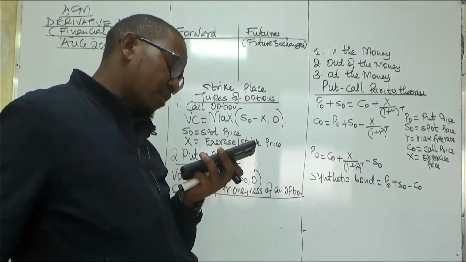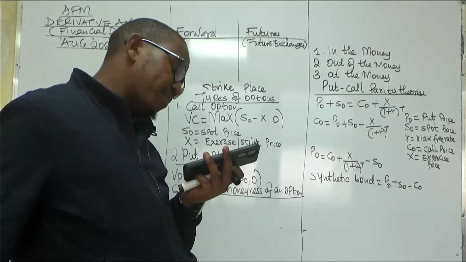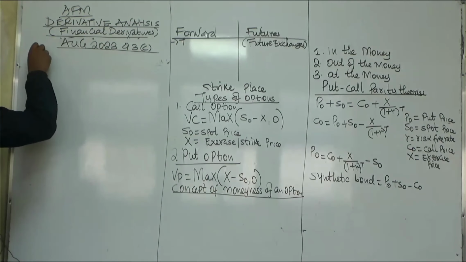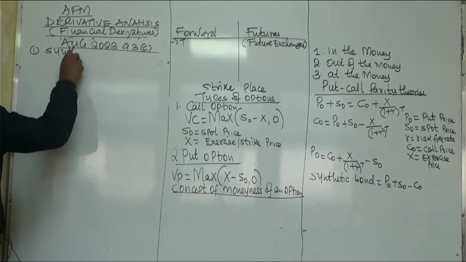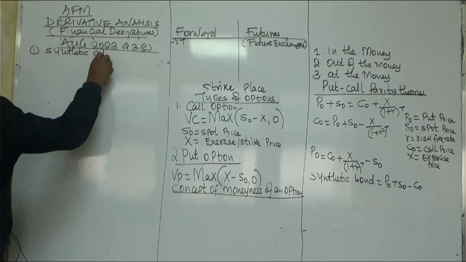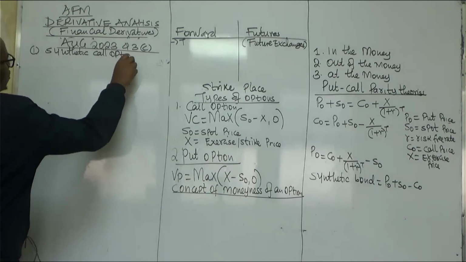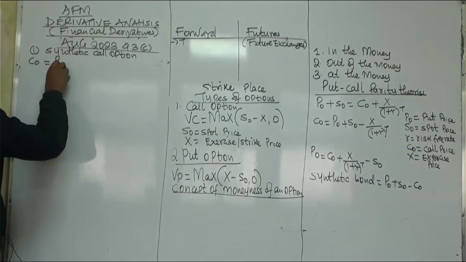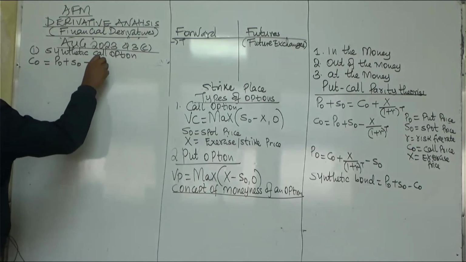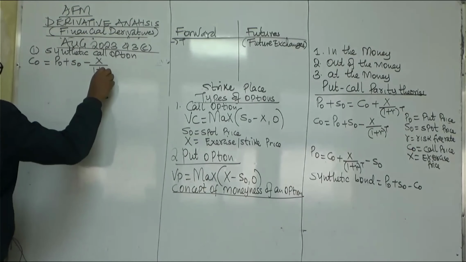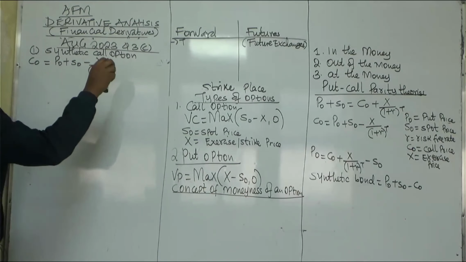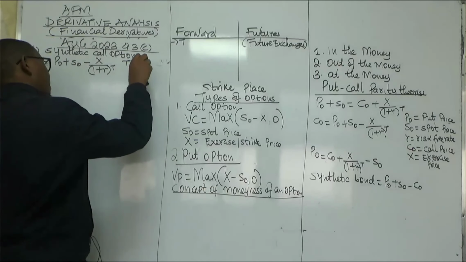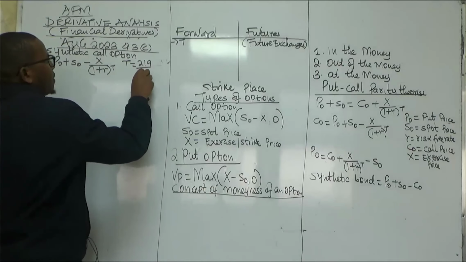Using the put call parity, derive the price of a synthetic call option. This is the CO, and to get the CO it should be given by PO plus SO minus the exercise price over 1 plus R power T. T will be the expiration, 219 divided by 365.